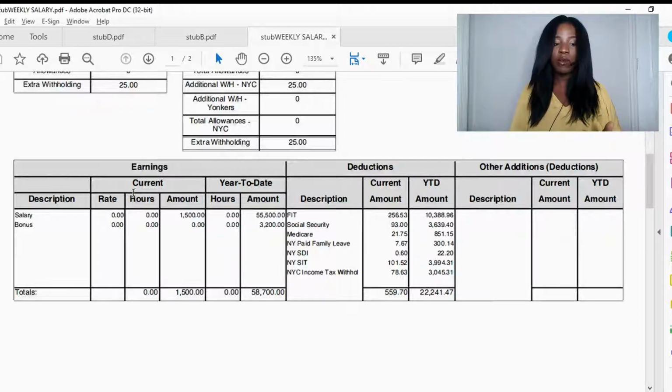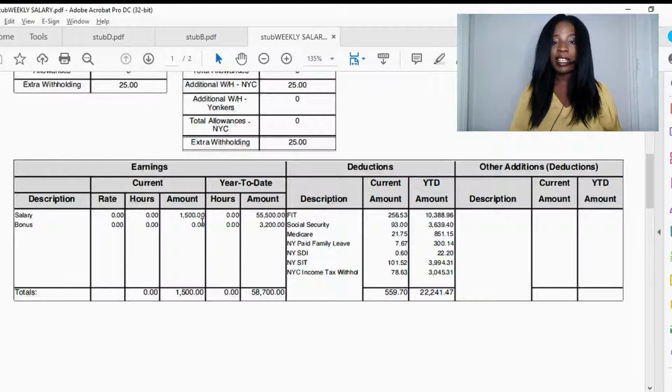Because for instance, we see that this salary is $1,500. Do we know how to calculate this figure to get our monthly income? I'll pull up a calculator, but I'm just going to say this vocally. When calculating a weekly income, especially in this case since they're salaried, it's going to be $1,500 times 52, since that's 52 weeks in a year.